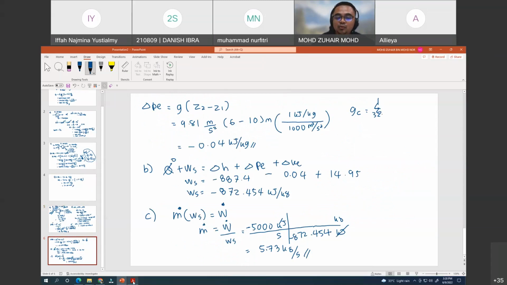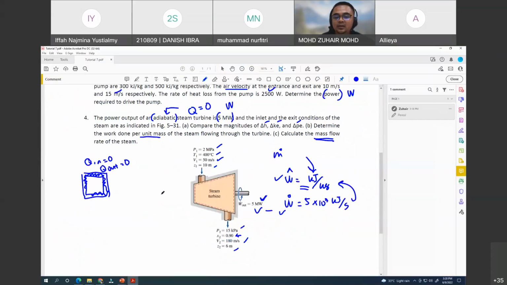Okay. Question. The flow rate kan, for instance like this one kan, M1 and M2, sama ke tak sama? Sama ke tak sama?